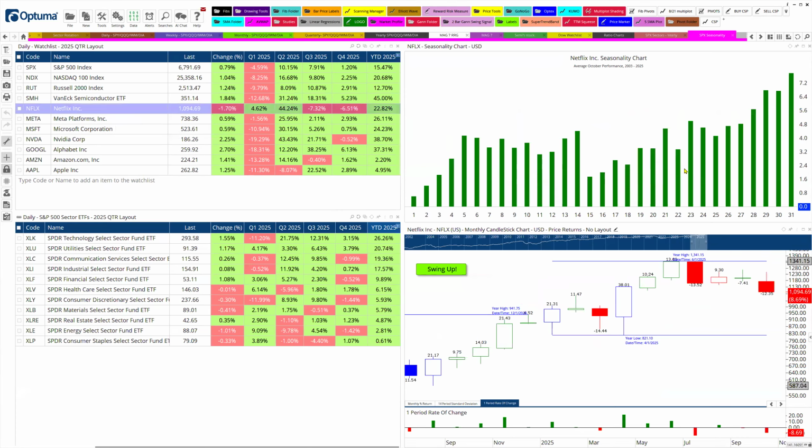See, Netflix has a pretty strong October seasonality that just went in the toilet because of the earnings. I'm watching several stocks from last week that I want to buy, but every time I look at a stock and go to the analyze tab, they have earnings coming up.